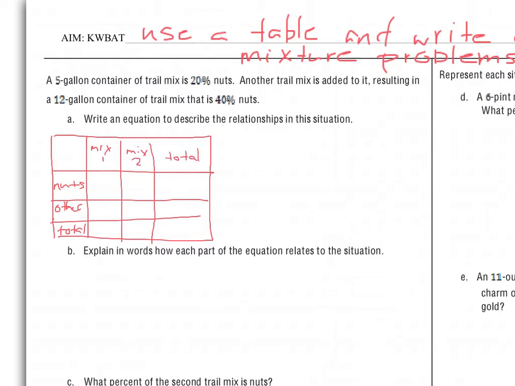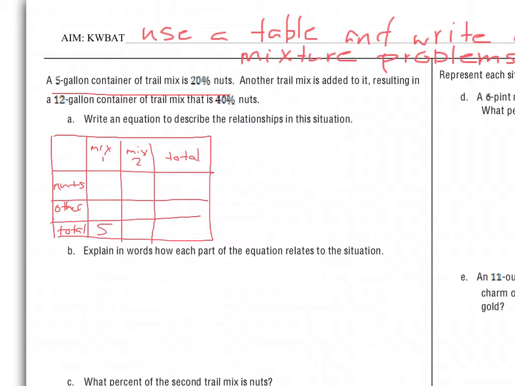All right, so in our nuts, our first one says a 5-gallon container of trail mix is 20% nuts. So our first mixture is a 5-gallon container that is 20% nuts. And our second mixture, we actually don't know anything about. That's actually what we're trying to figure out.